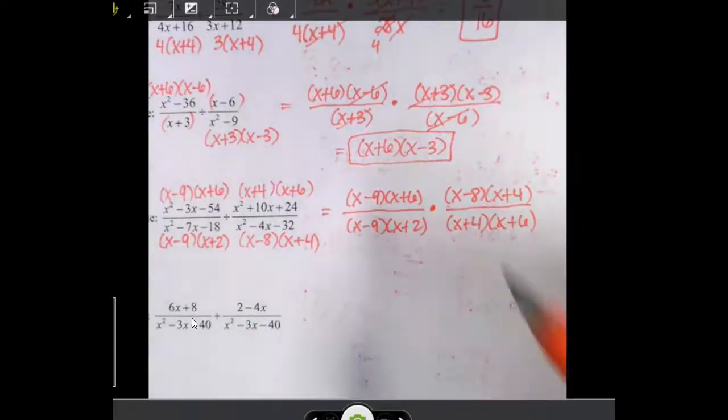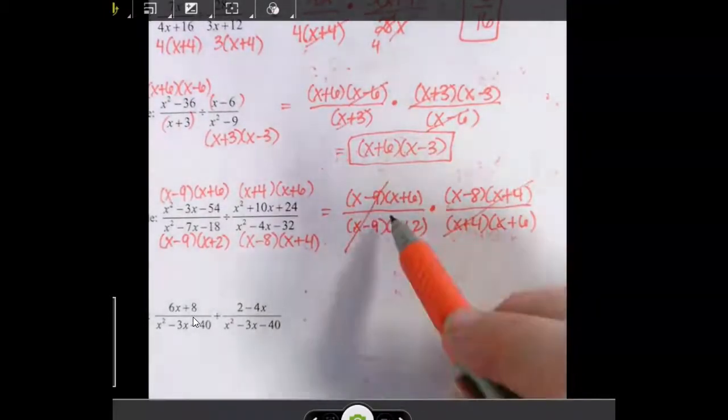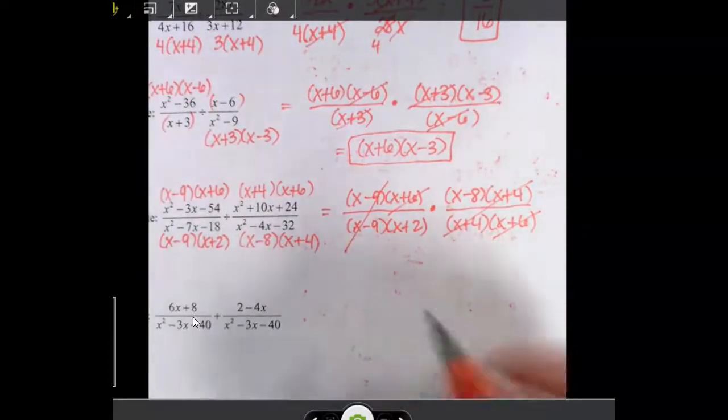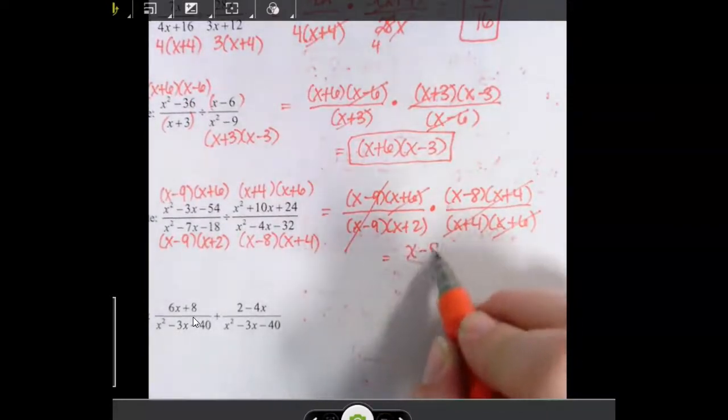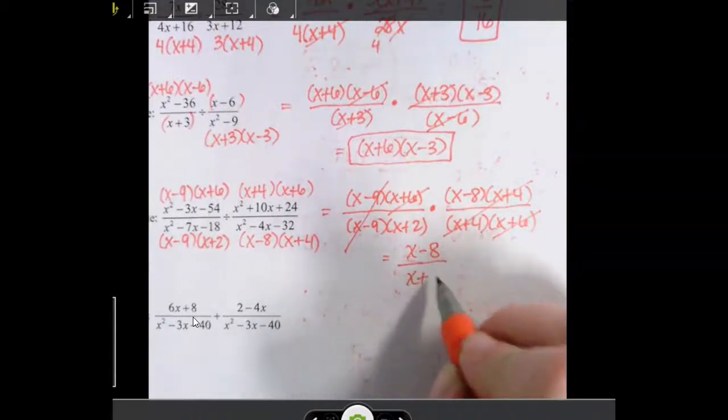Okay, so common factors, I have the x plus 4s, these x minus 9s, and then x plus 6 over x plus 6. So we lose a lot of things here for this one. All right, so my simplified answer left in the numerator is x minus 8, and in my denominator is x plus 2.